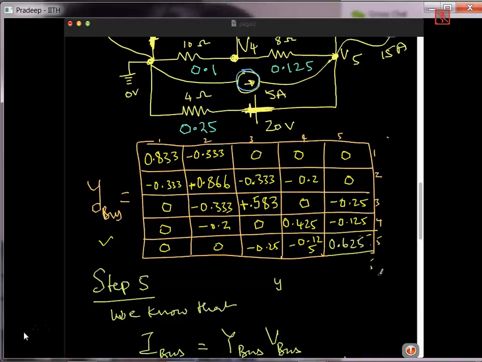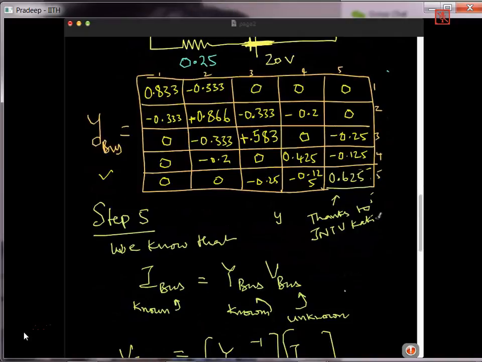Okay, so small correction. Thanks to JNTU Kakinada for correcting. So I'm writing down all these things because you should all cross check. Every time I make some mistake, you should be able to tell that.